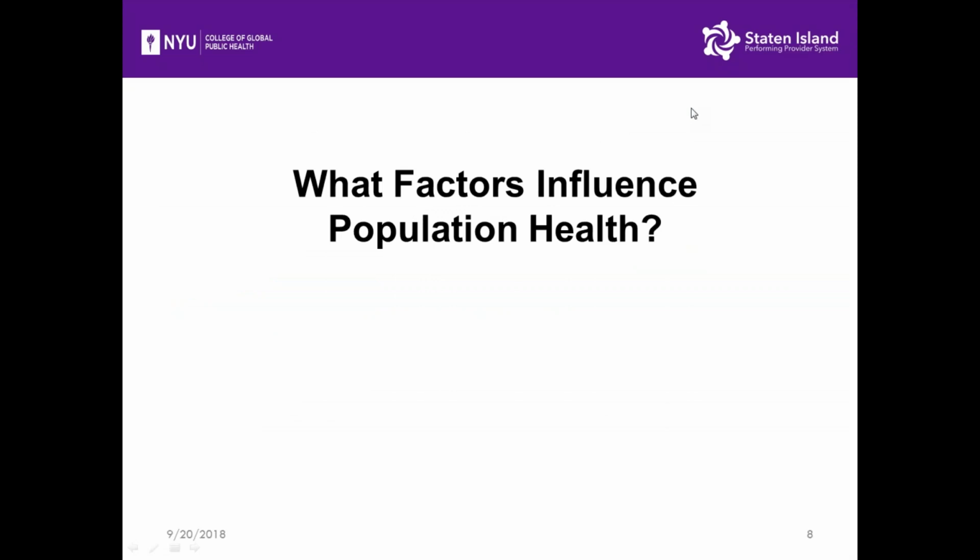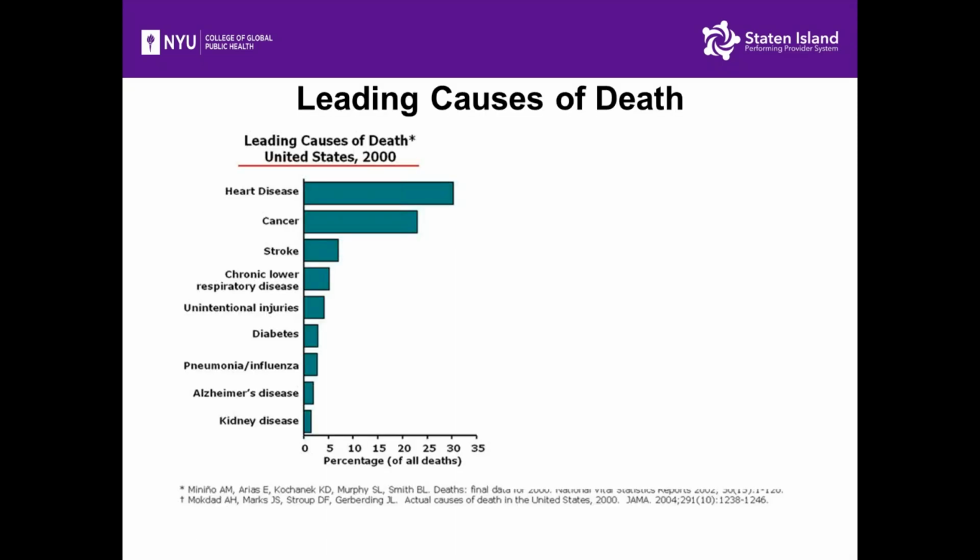Now, before developing strategies to improve population health, it's important to have some sense of what the causes of poor health are. On this slide, I've listed the leading causes of death. And traditionally, when we ask about the cause of death, we have focused on the diagnosis or the underlying cause of death.